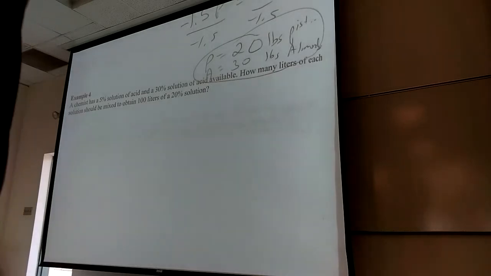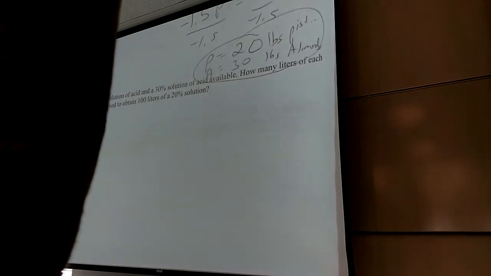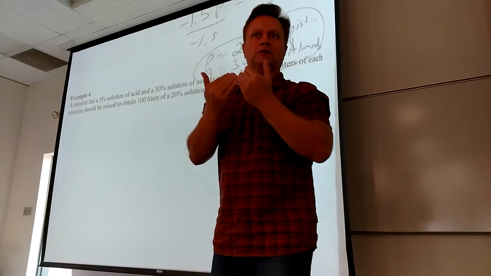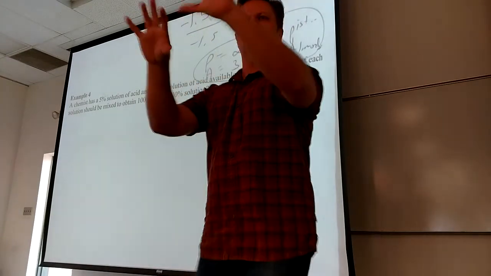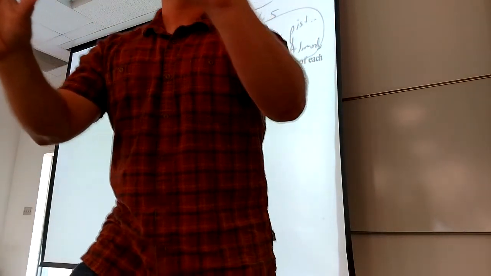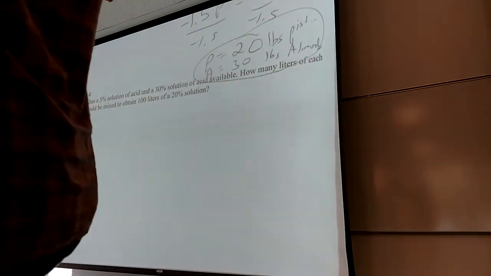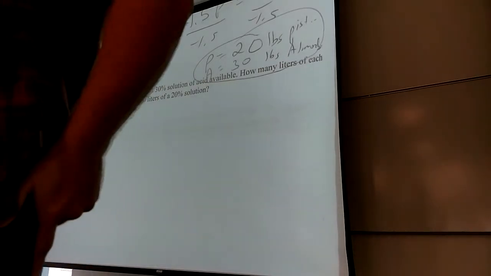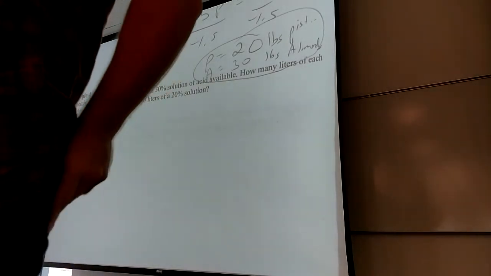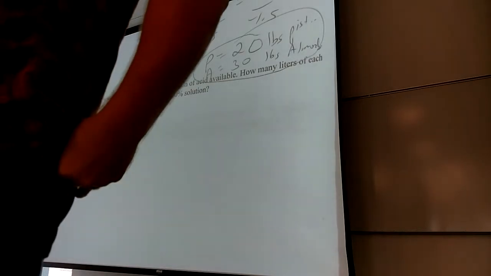Now, if I put a lot of the 5% solution, it's going to get closer and closer to the middle of the two. Are you guys with me? And if I use a lot more 5%, it's going to start coming down to 5%. Are you understanding this a little bit? So am I going to use more of the 30% or more of the 5%? What's in the middle of 5 and 30?